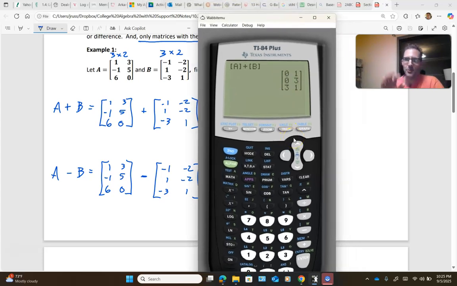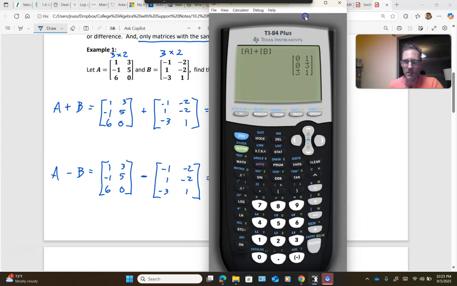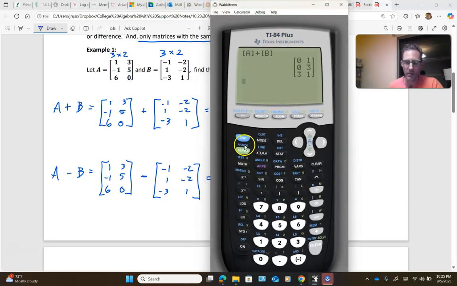Now let me show you a trick. If you want to find the difference, A minus B, you can go back and put A and then minus B. Or you can do this. Since A and B are already in there, you can hit second and then the enter key, and it will repeat that last entry.